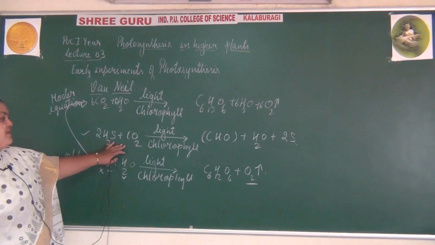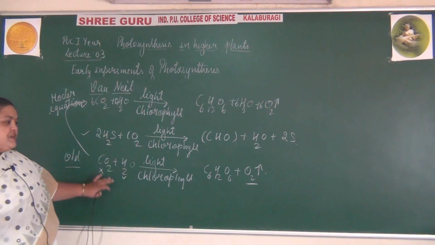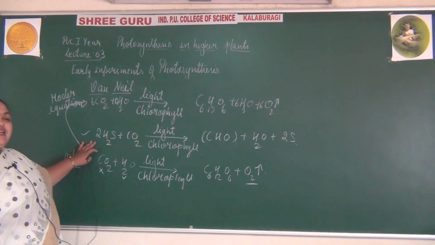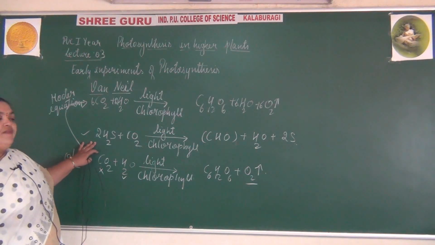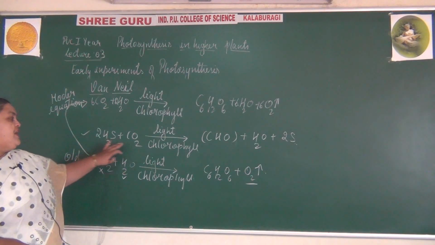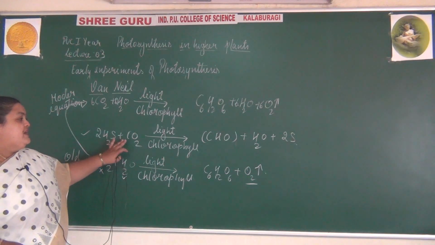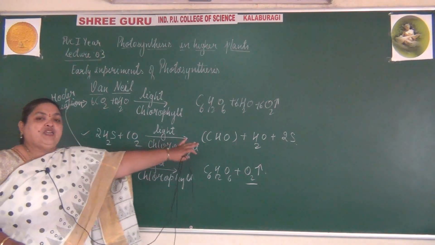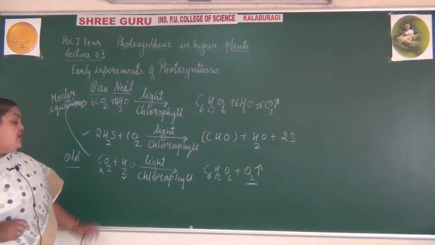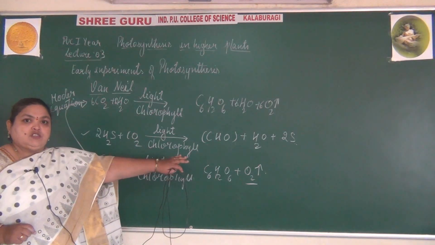If we consider that carbon dioxide is responsible for the formation of oxygen, then this experimental setup of Van Niel indicates that there was presence of carbon dioxide, but this carbon dioxide did not evolve oxygen. In simple way, we can say that no water, no release of oxygen.